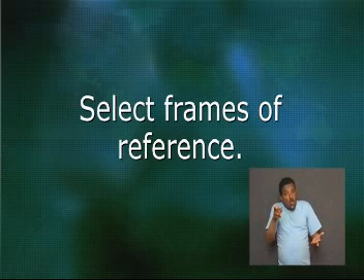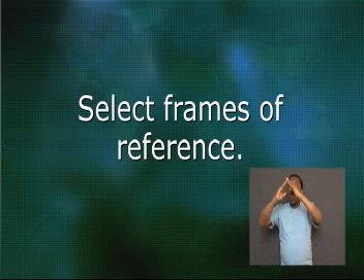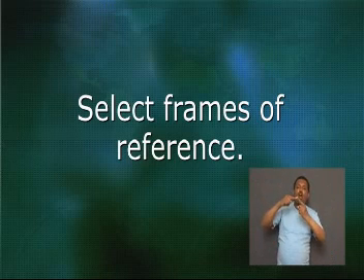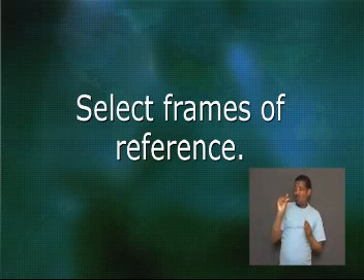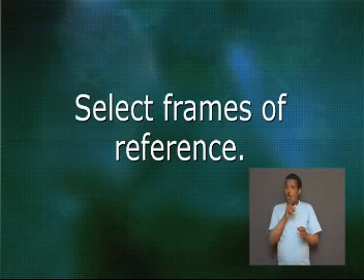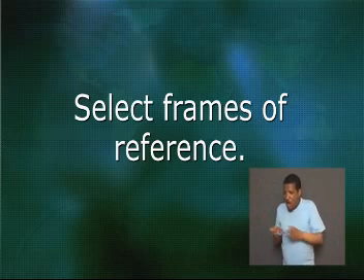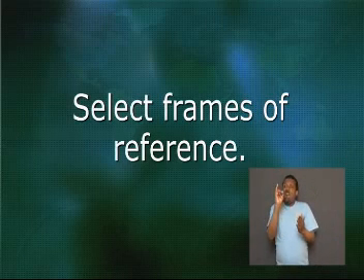Or you might wish to sketch a house in relation to a village, creating a smaller frame of reference. If you sketch a room in relation to a house, this is a very small frame of reference.